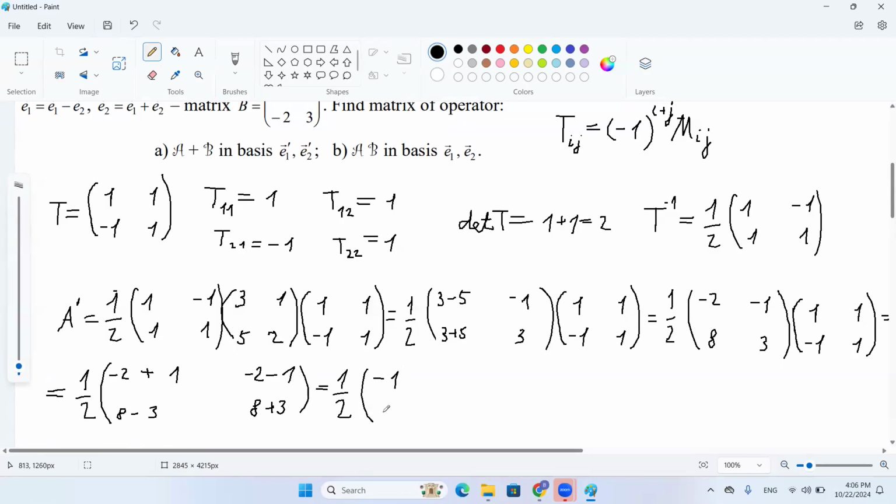So minus 1, 5 minus 3, 11. And now multiply by 1 second, so minus 0.5, 2.5. No, the comma will be correct, but never mind.